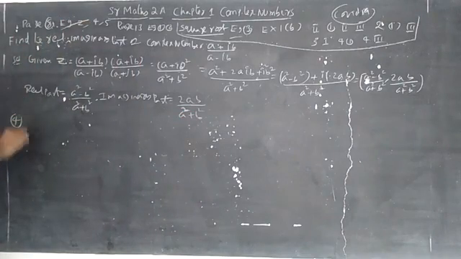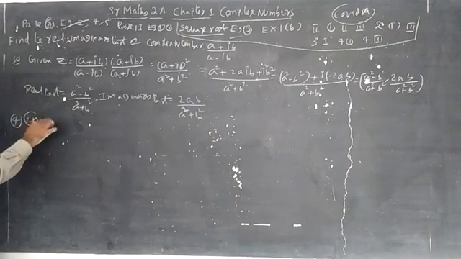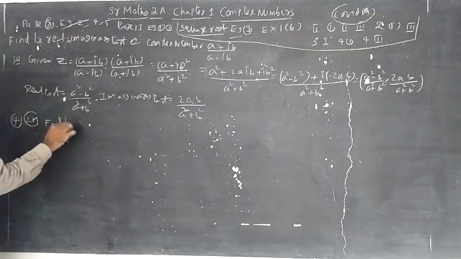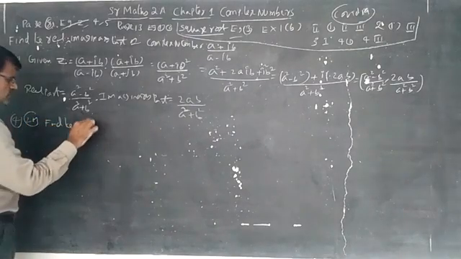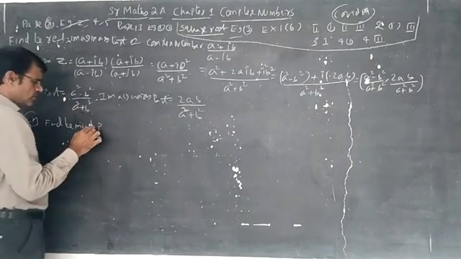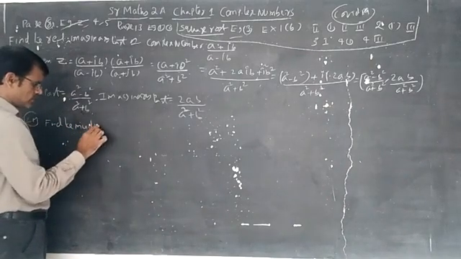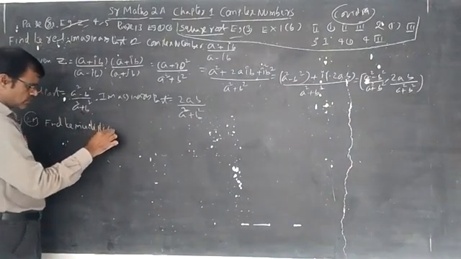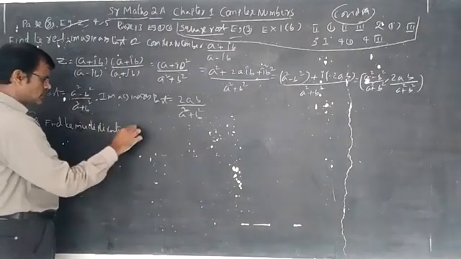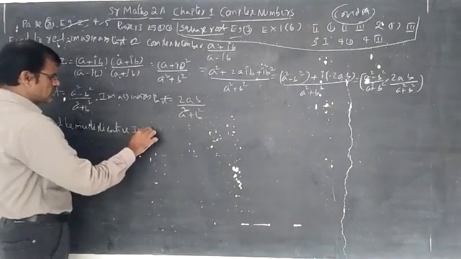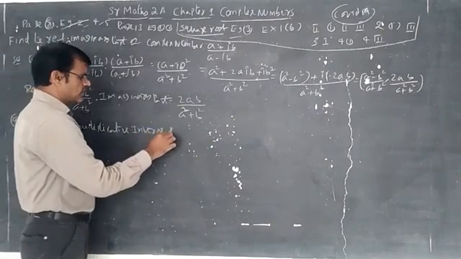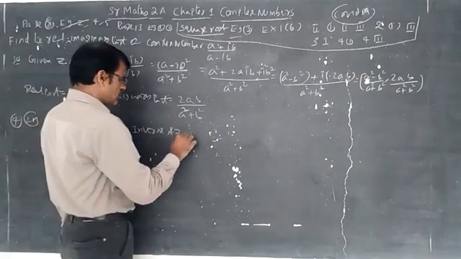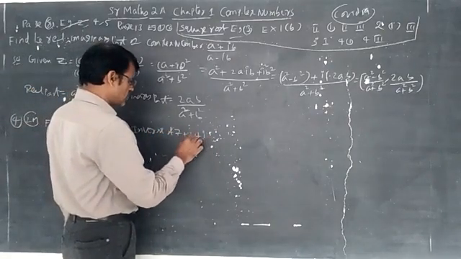Let us discuss example 4. Find the multiplicative inverse of 7 plus 24i. This is a 2 marks IIT question.